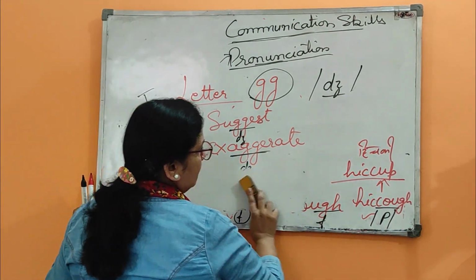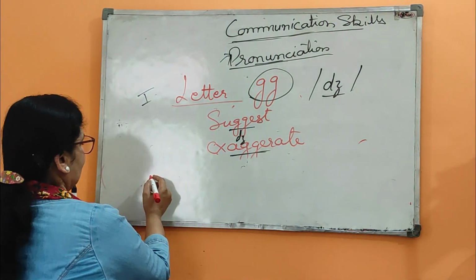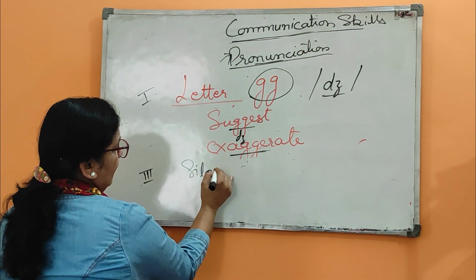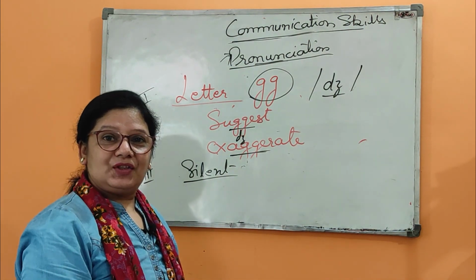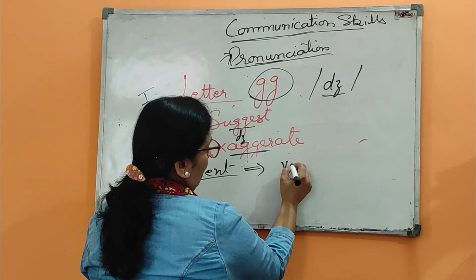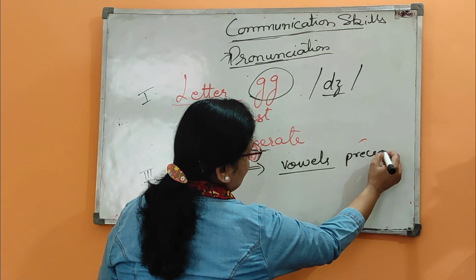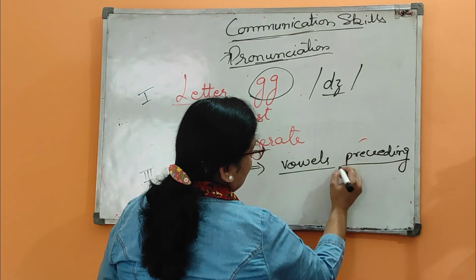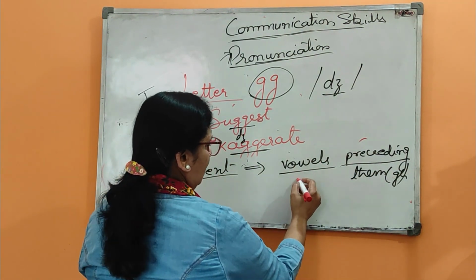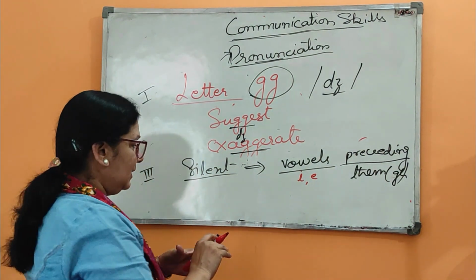When I move to the third example, that is the silent sound. There is no sound actually. Here it is silent. GH is silent when there are vowels preceding it, vowels like E, I, O, U. Examples will clarify this.